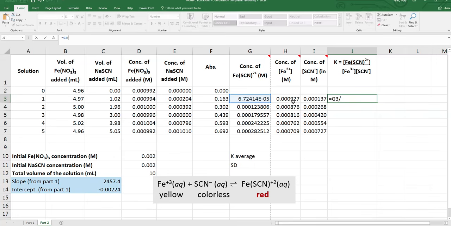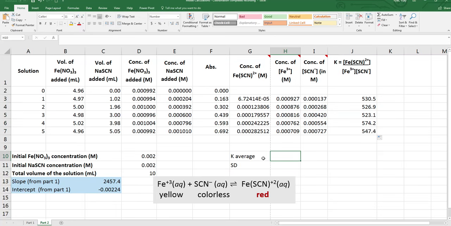So this, and actually we have to put that in parentheses, times that number, close and enter. All right, then you simply double click it, and that gives you the equilibrium constant for all of these.